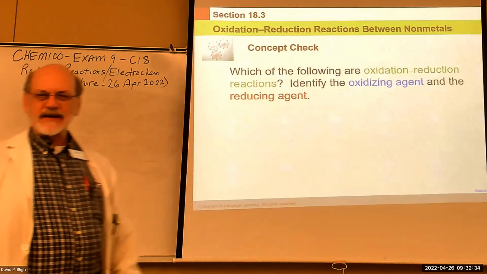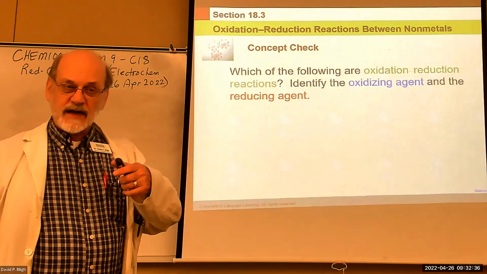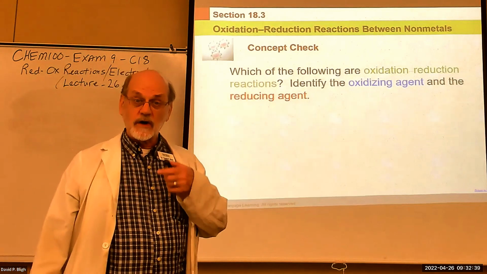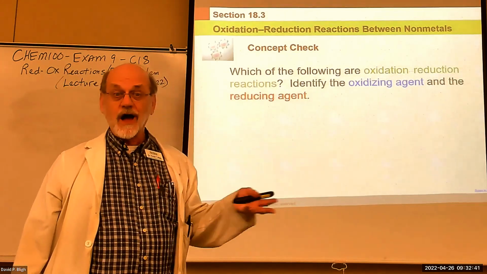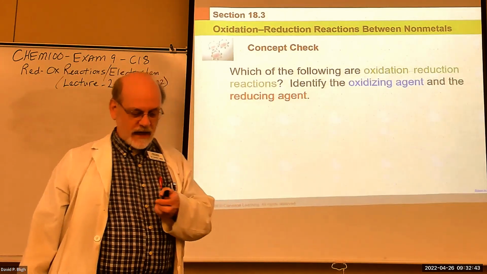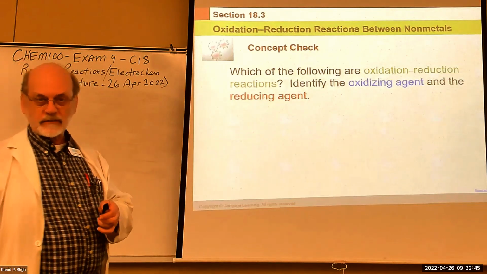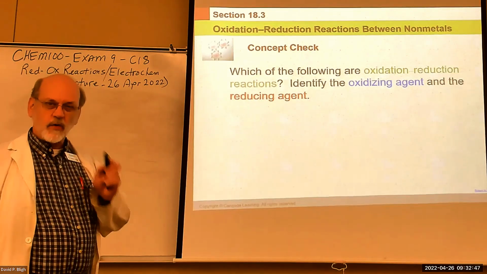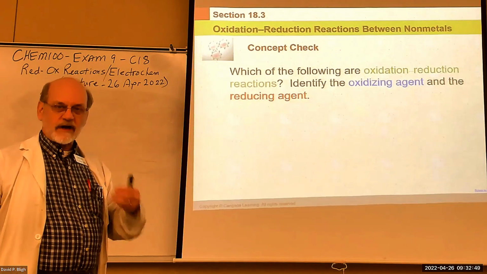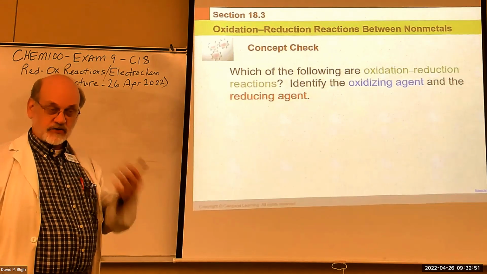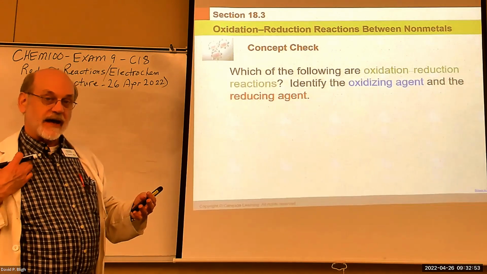Now we've got a mix of reactions coming up, and we're going to try to decide which ones are oxidation reduction and which ones are not. Now, I've got a rule of thumb that'll help you. If the only question is which one is redox, the rule of thumb can shorten the decision time.